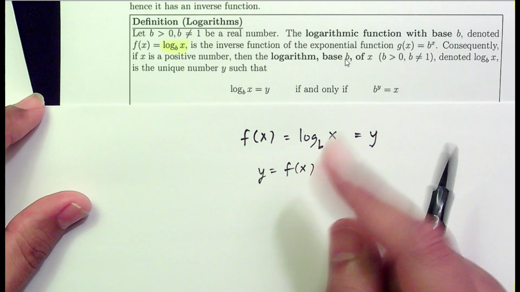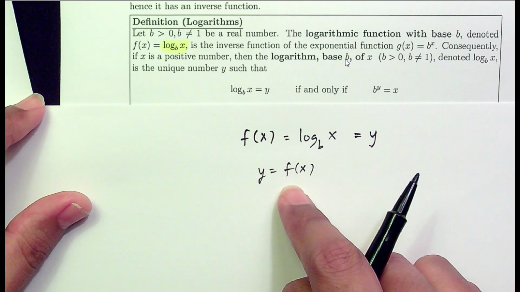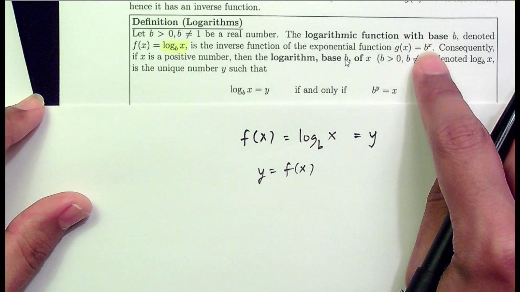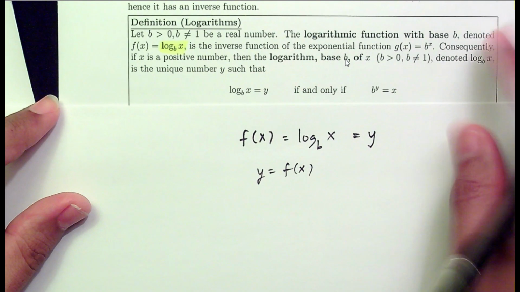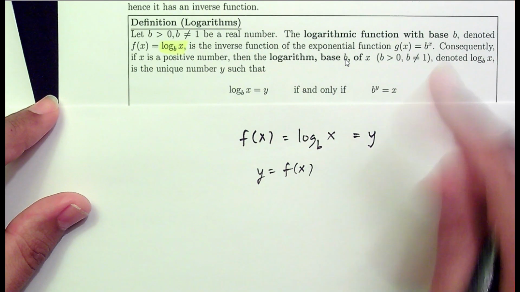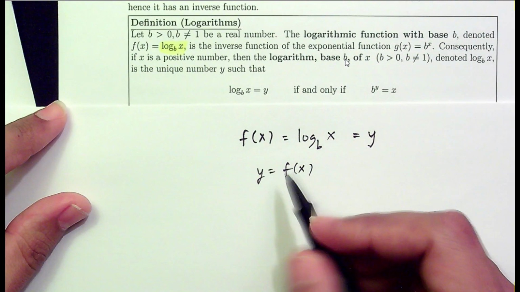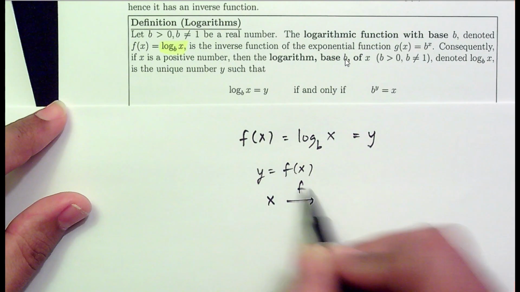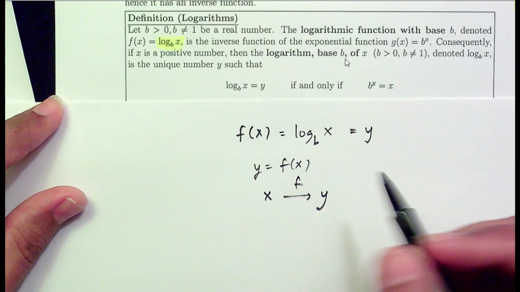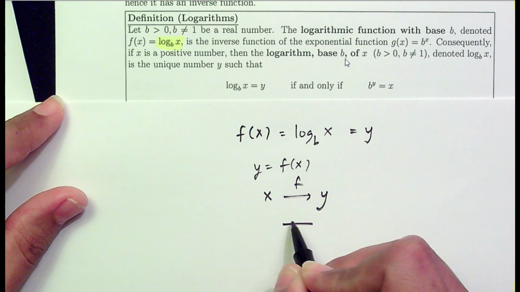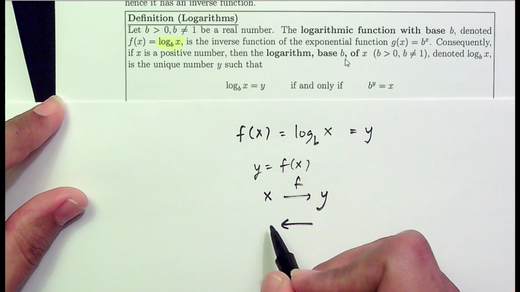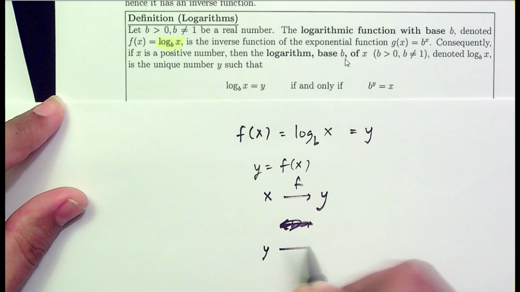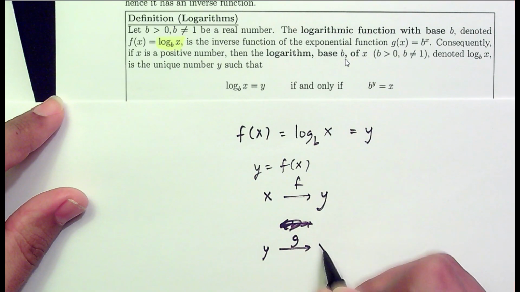Now, f is an inverse function of g, which is g of x equals b to the x, because this reverses the relationship. If you have x as the input and you apply f and you get the output y, the function g is going to reverse that, and now the input is going to be y, and the output is going to be x.